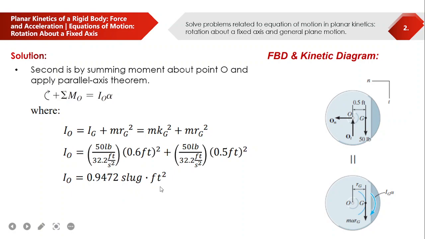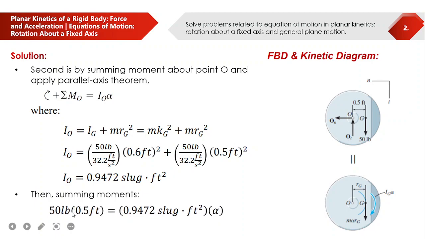0.9472 slug feet squared. Then, summing moments, 50 pounds times 0.5 feet is equal to 0.9472 times alpha. Therefore, we can now solve alpha as 26.39 rad per second squared. It's fairly easy, right?